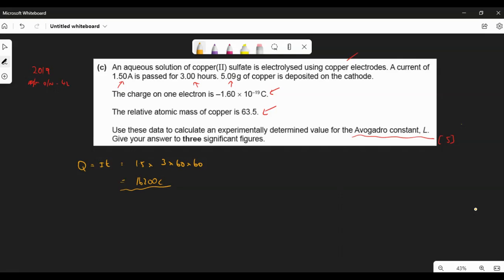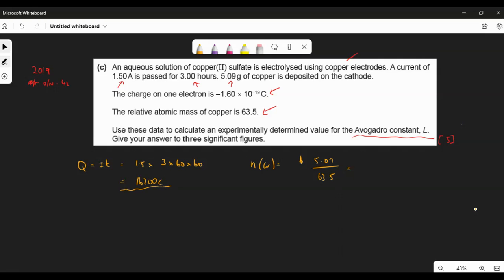Okay, now we want to find out the number of moles of copper. So the number of moles of copper formed is equal to, what is it? It's 5.09 divided by 63.5.